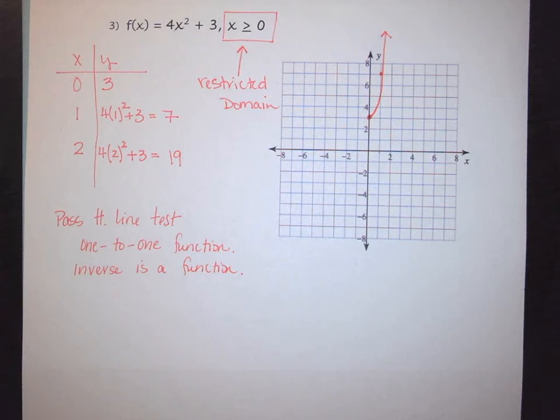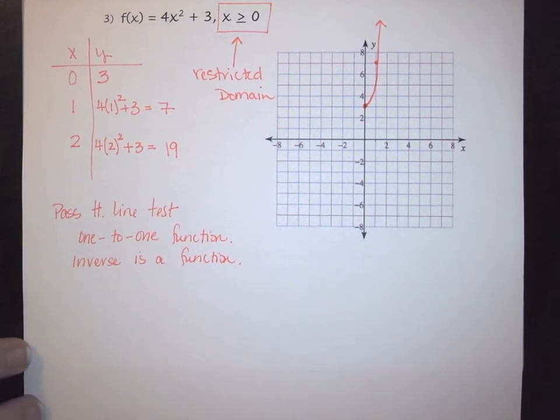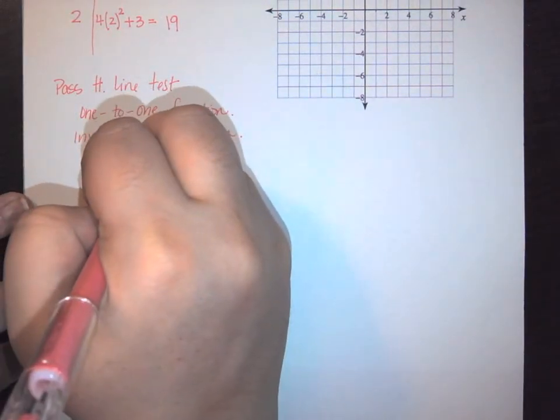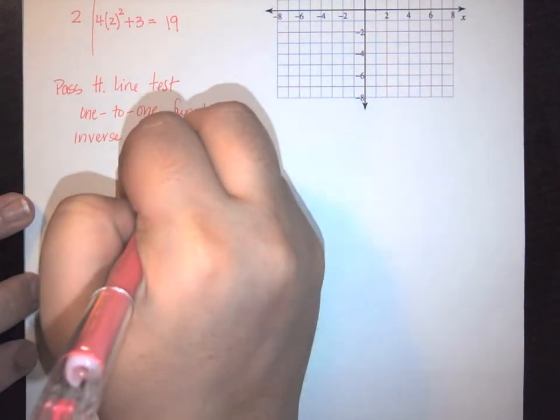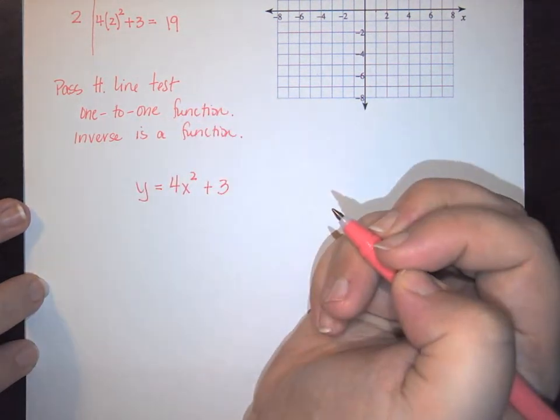Now in this case, because it is one-to-one, it also tells me that I can actually solve for my inverse. So the first thing I want to do is rewrite it in terms of y. So this is going to be y equals 4x squared plus 3.